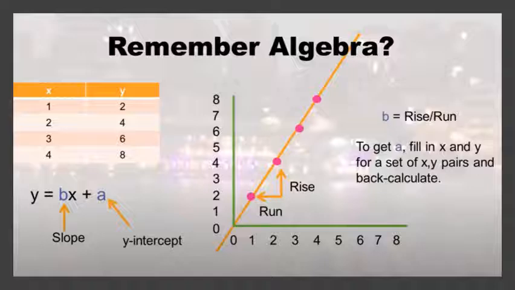You could take the top one if you felt like it, which was (1, 2). You take any of these pairs and fill in for x and y, and then you back calculate so that you can get your A.